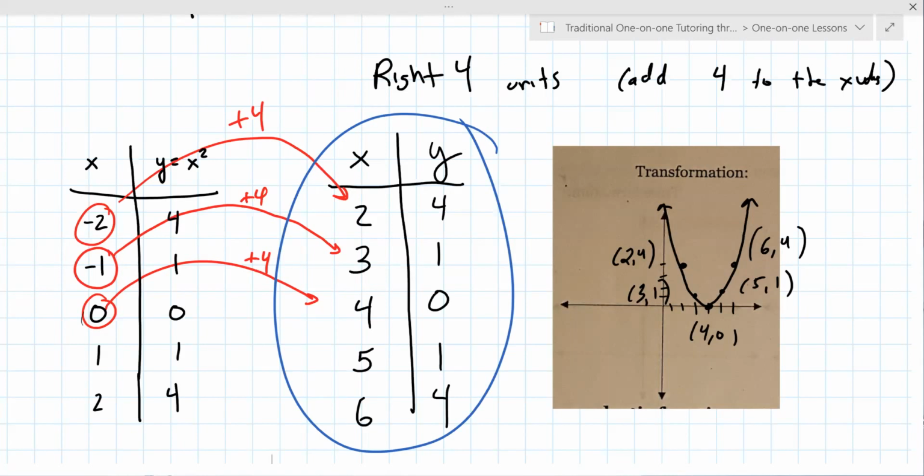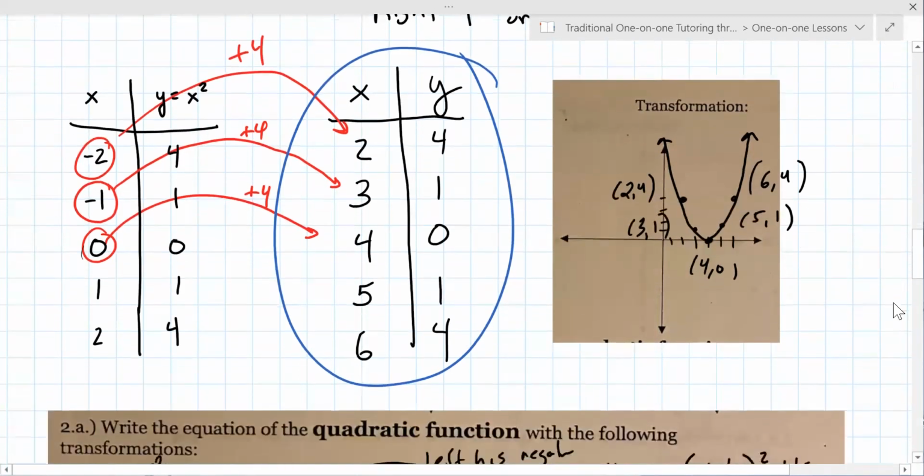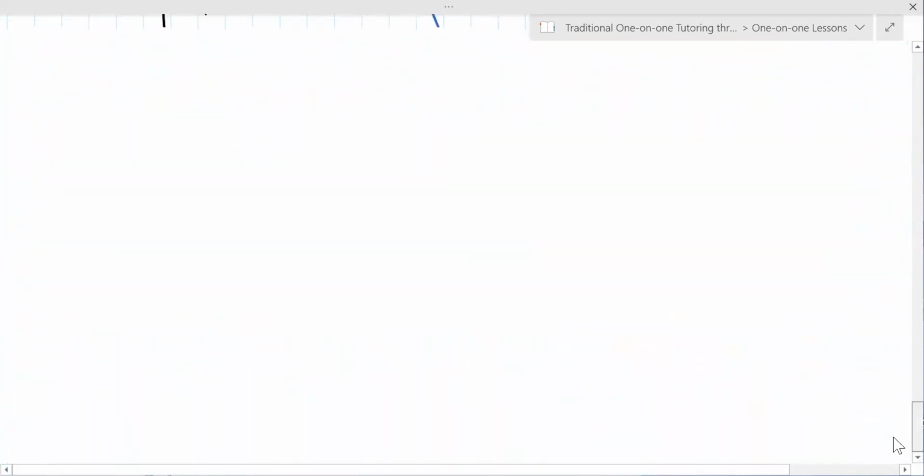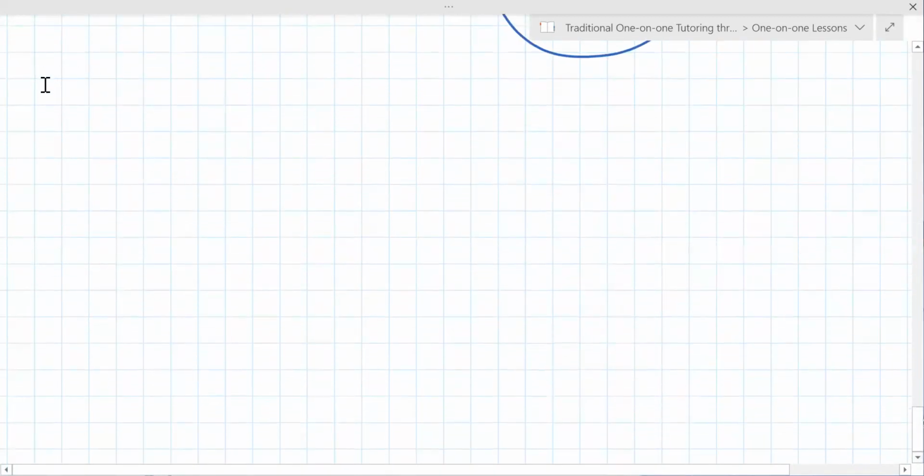So we're only going to go for another couple of minutes here. What I'd like to do is give you the equations for each of the remaining ones in case you want to work on these on your own.